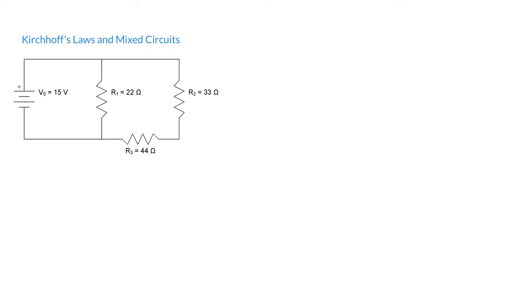In this problem, it's asking for the current through the battery. So find I through the battery, which is going to be the total current. We don't know an awful lot here.